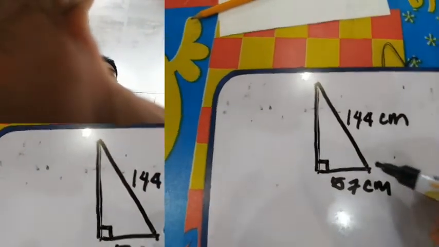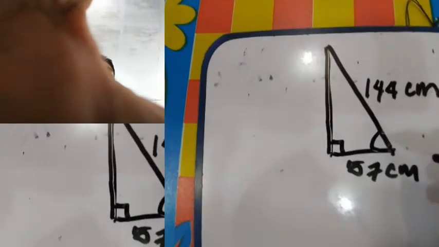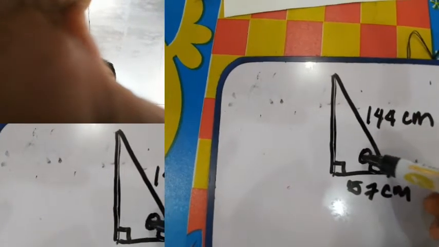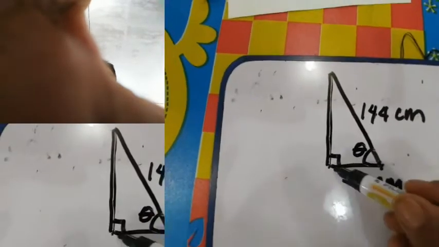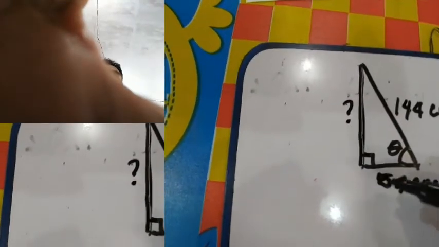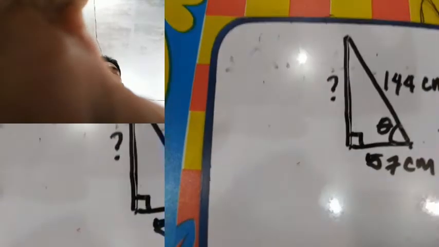Now we're going to find the angle formed here, the angle formed by the round bar and the floor. And of course, we're going to find the distance from the floor to the tip of the round bar above.